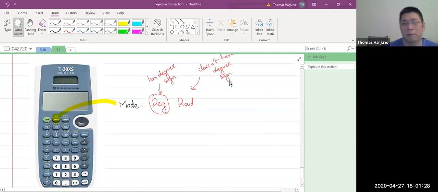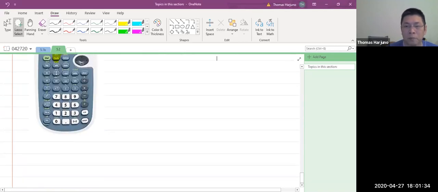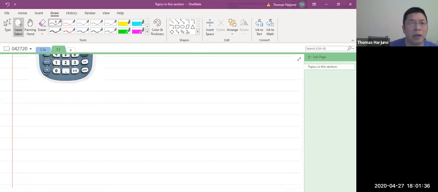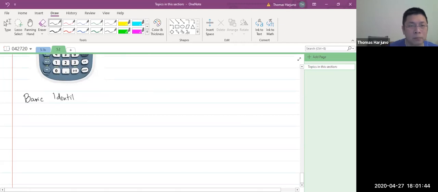The last part of this section, which is also as important as what I have mentioned earlier, are basic identities. And I need you to memorize these basic identities in addition to the trig values of those special angles.